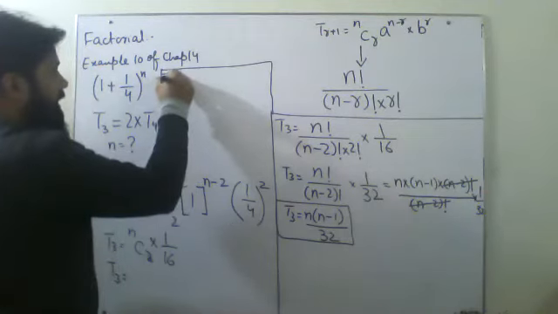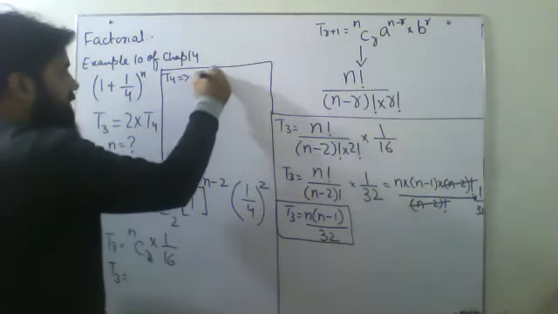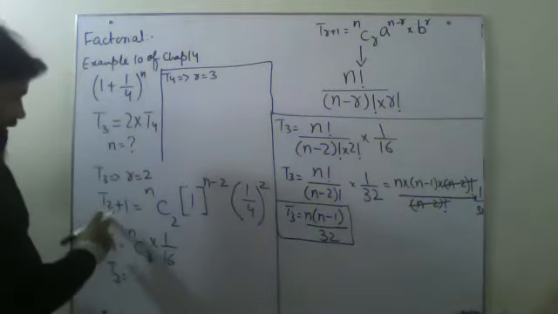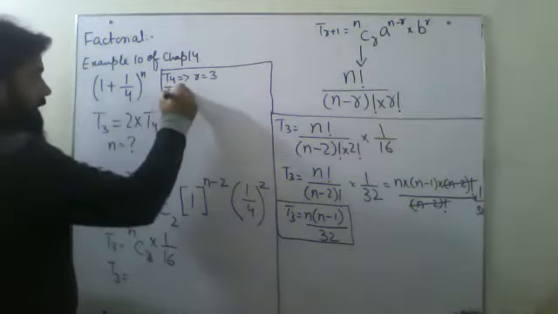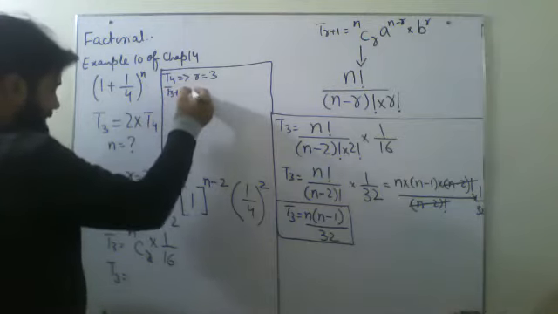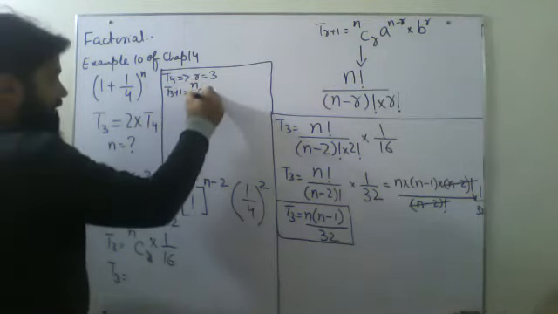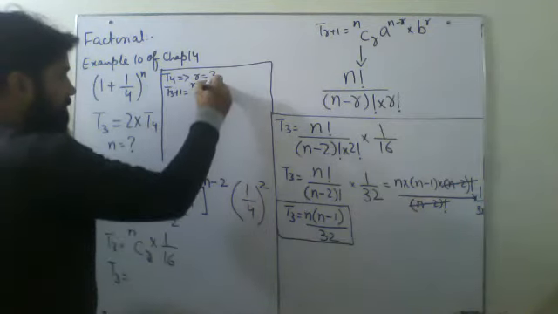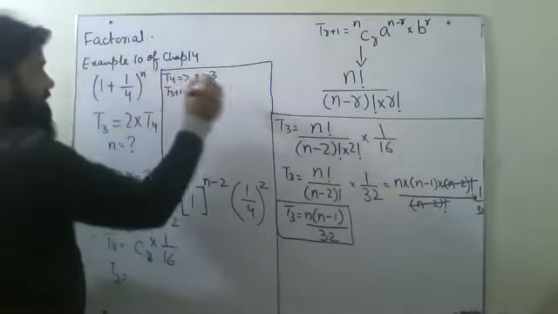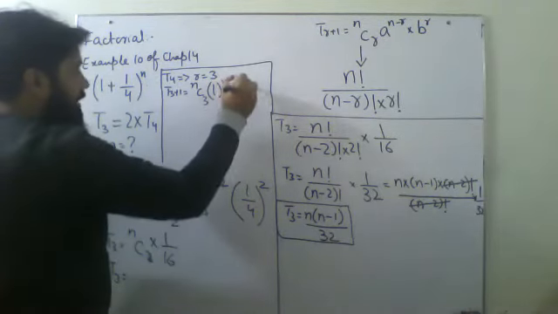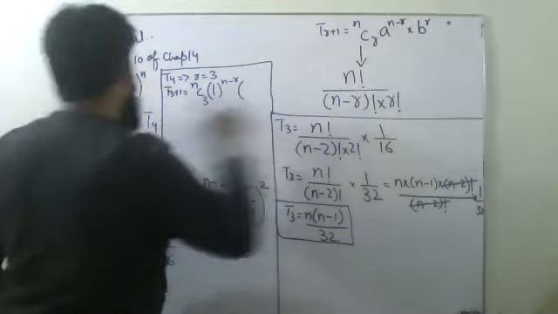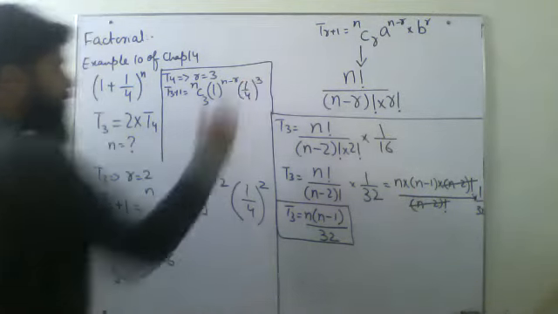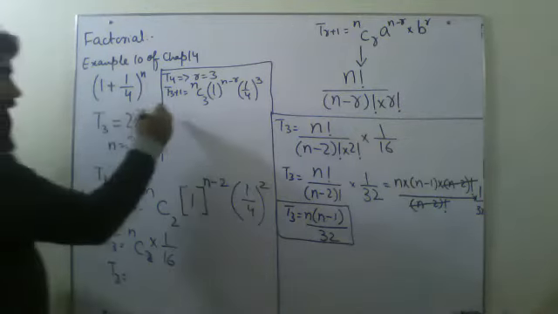When I go for T4, it means the value of r will be 3. Right? So writing it in the form of the formula, 3 plus 1, again n is not known, nC3, a, which is 1, n minus 3, b, that is 1 over 4 whole power cube. Simplify it further.